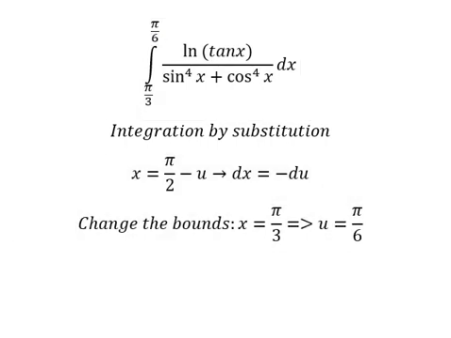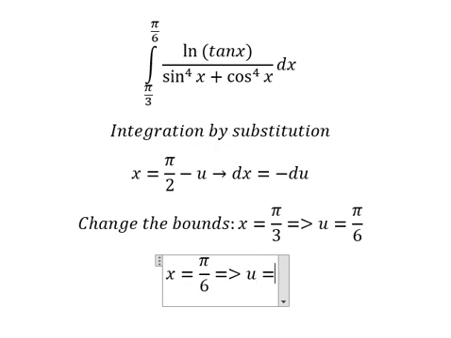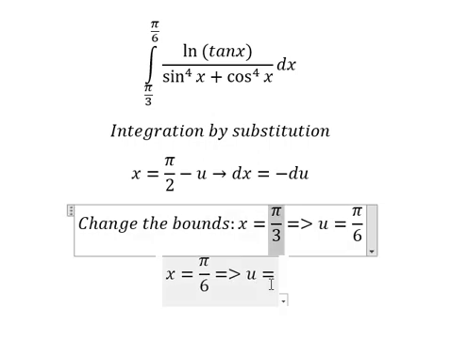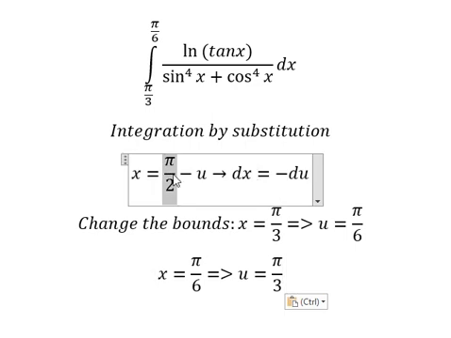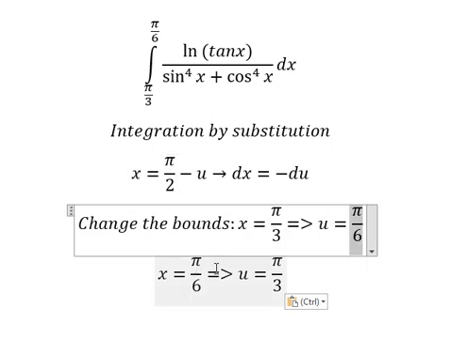When x equals b over 6, we put this one in here, and we can find the value of u, that is b over 3. Because b over 2 minus b over 3, so we put u in here, we put x in here. So b over 2 minus b over 3, we got this one.